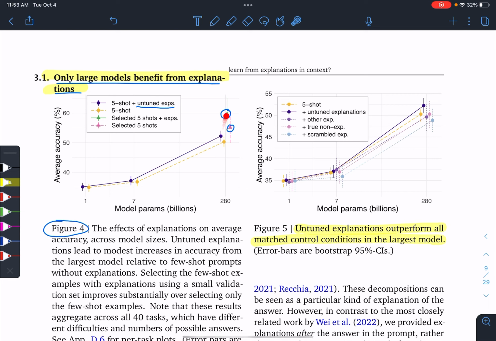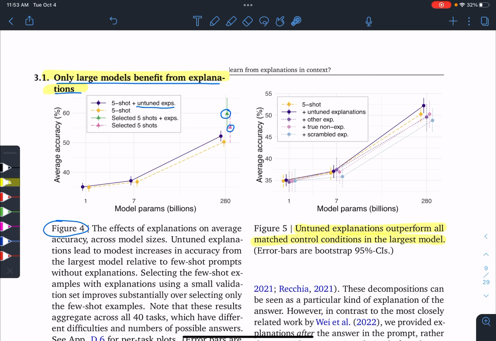Then this is greedy selection of 5 shots plus explanation, and this is just selecting the 5 shots with no explanation. So it's going to give you a boost. They just do it for 280 billion parameters.